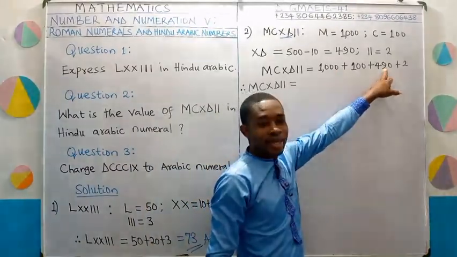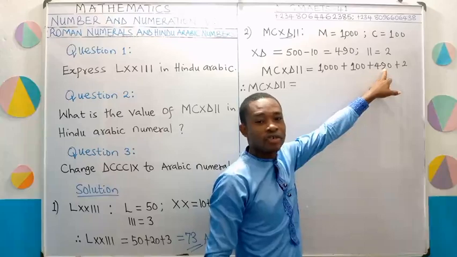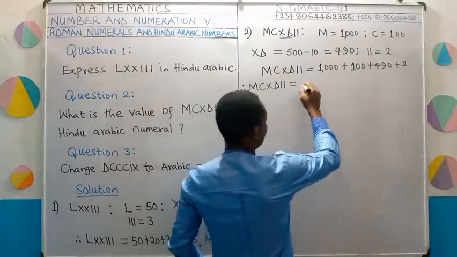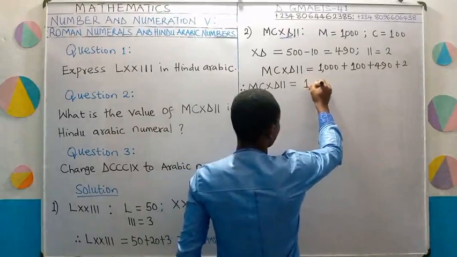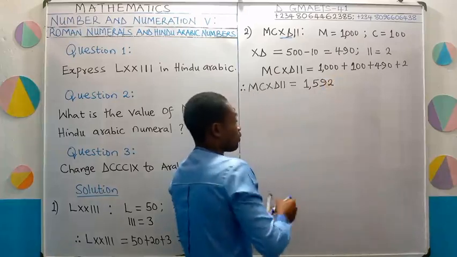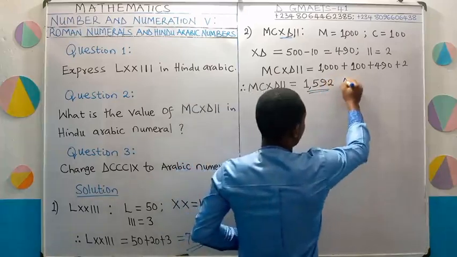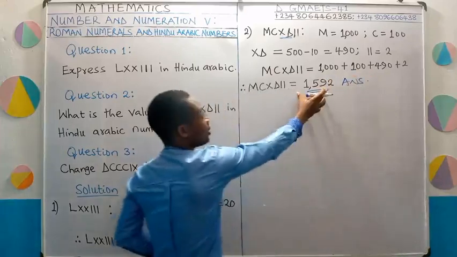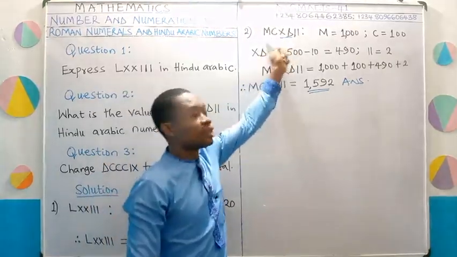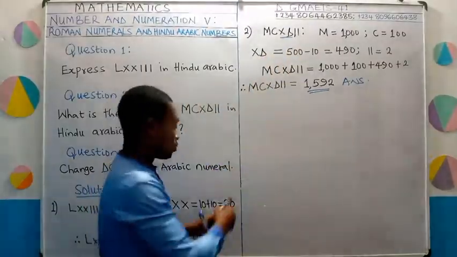If you add 490, you get 1590. Add 2, you get 1592. And of course, this is the answer to this problem. This is the Hindu-Arabic value of this Roman numeral, Roman figures.